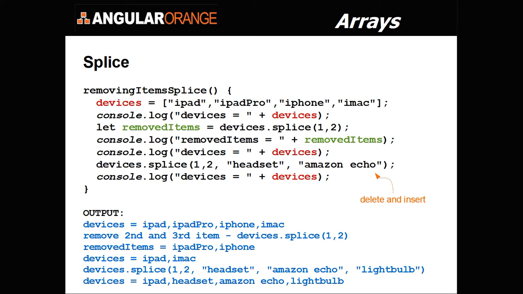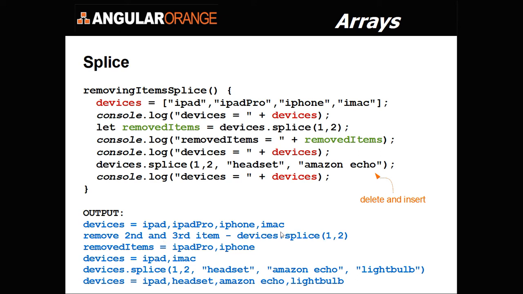Okay, so the removed items are iPad Pro and iPhone, and devices is now iPad and iMac. So basically, I remove these two elements out of the array. I'm telling you that I removed the second and third item using devices splice. 0 is the first item, 1 is the second item, and 2 is the third item.